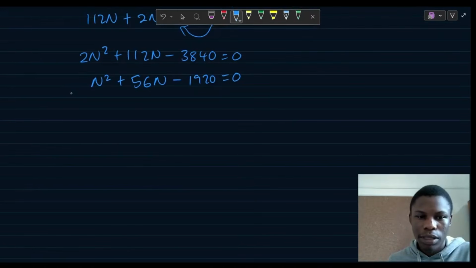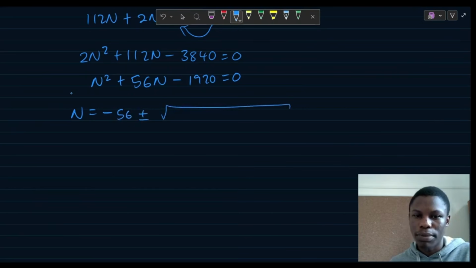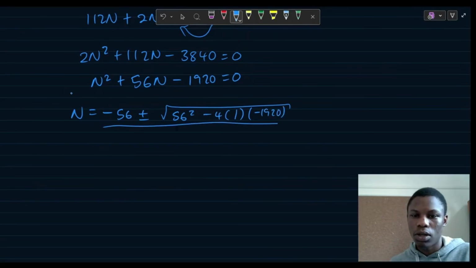So let's use the quadratic formula. So n is equal to minus b, b being 56, plus or minus the square root of b squared, so 56 squared minus 4a, a is the coefficient on n squared, so that's 1, times the constant c, which is negative 1920. And this is all over 2 times a being 1.